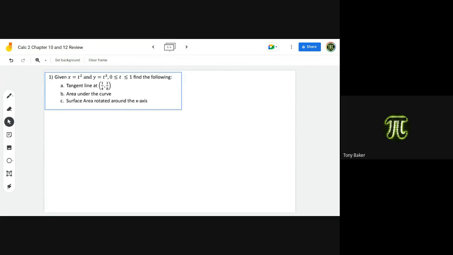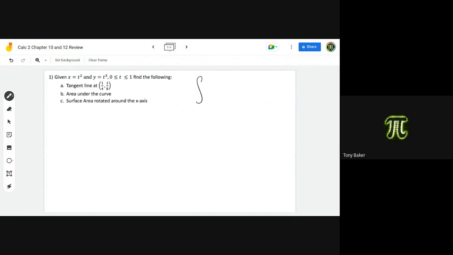So what's the formula for area under the curve for parametric? Integral of y times dx over... no, that's arc length.